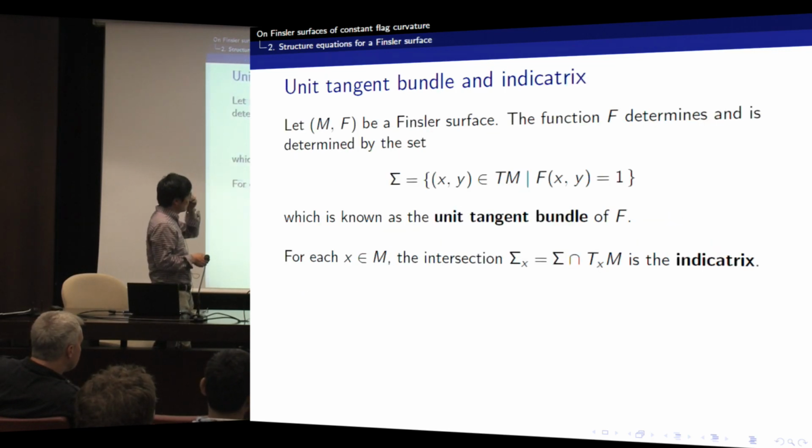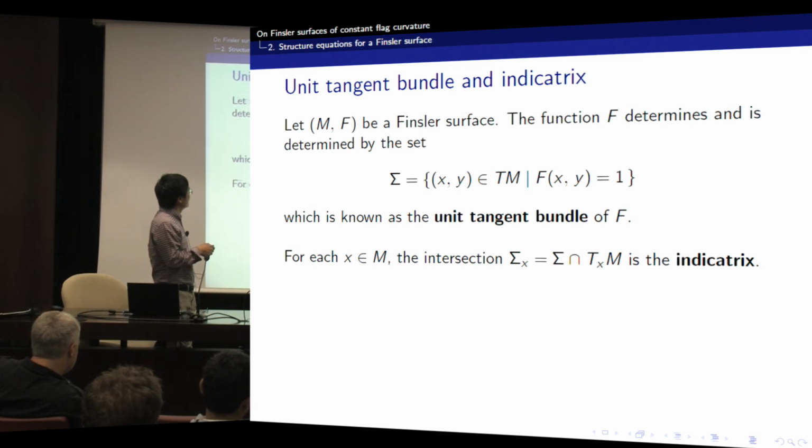So now we discuss the Finsler surface. At the beginning, we discuss the unit tangent bundle and the indicatrix. Let F be a Finsler surface. The function F is determined by the set sigma.